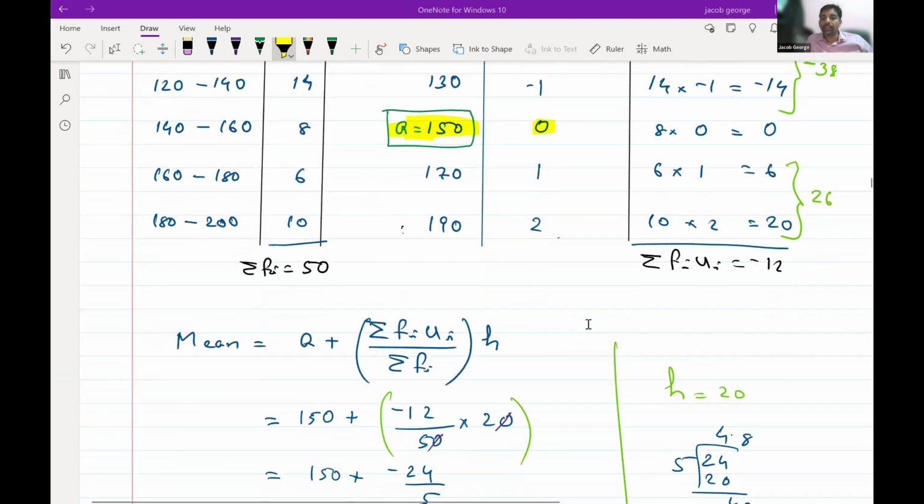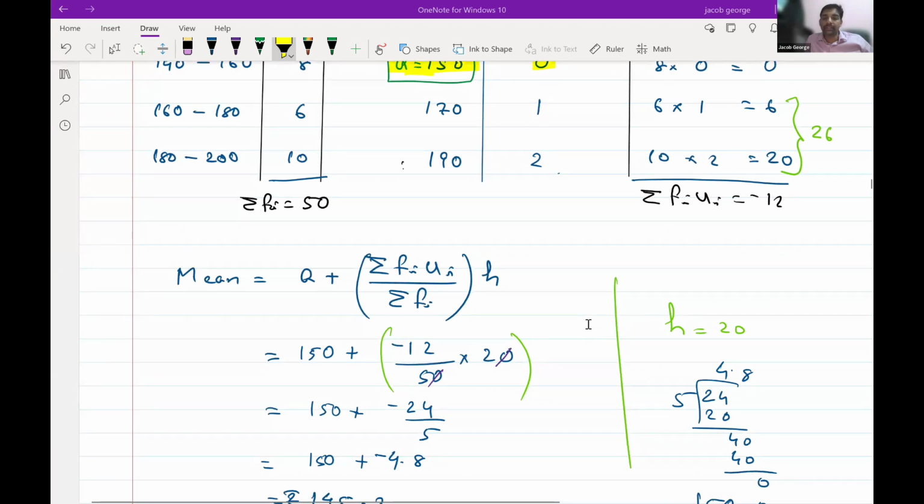Then after that, this is the step deviation method formula: a plus sigma fiui by sigma fi into h. Is that formula clear? Everybody should know it by heart. At examination time, because of the formula, you should not lose the marks. Some students will write the wrong formula.